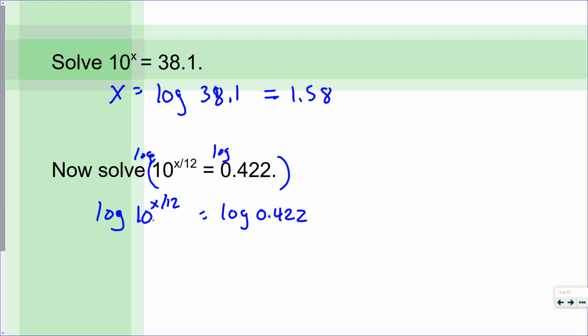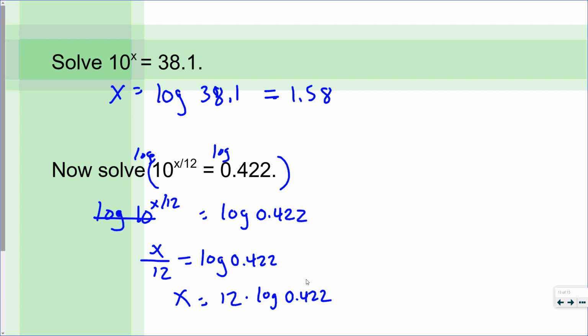The log and the 10, because the log is in base 10, cancel out, and you're left with x over 12 equals log of 0.422. To solve this for x, you just have to multiply by 12. And so x equals 12 times log of 0.422.